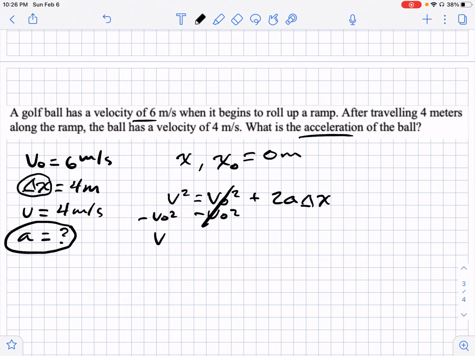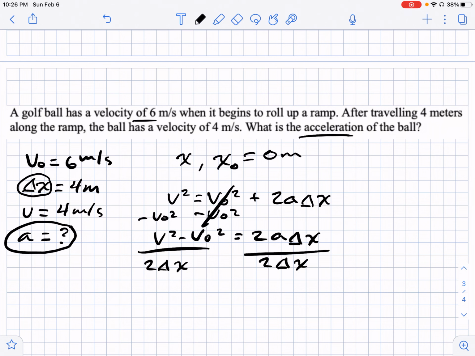So I have v squared minus v naught squared is equal to 2a delta x. We're solving for acceleration, so I'm going to divide by 2 delta x. So that cancels this and that. Acceleration equals v squared minus v naught squared all over 2 delta x.